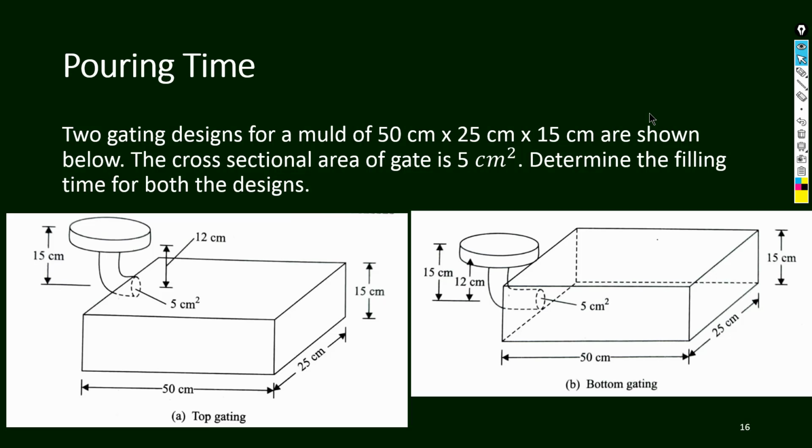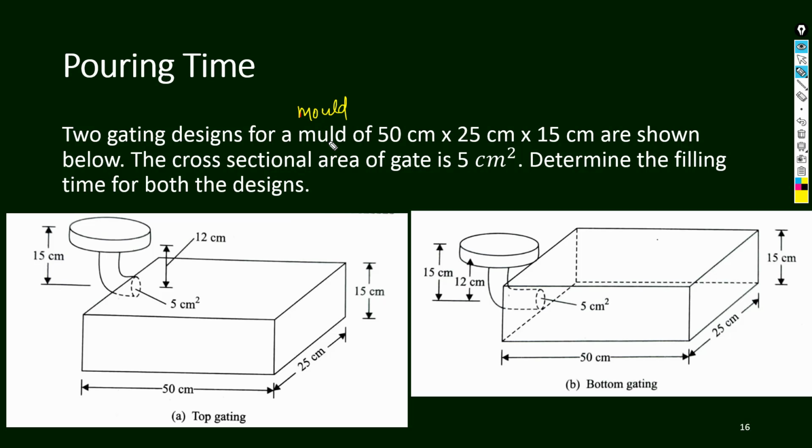This is one problem. Two gating designs for a mold of 50 centimeter into 25 centimeter into 15 centimeter are shown below.